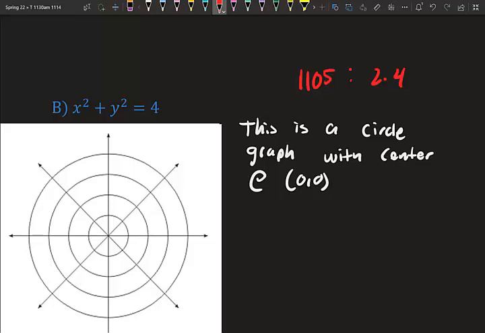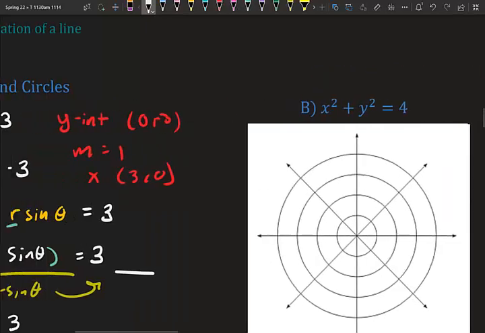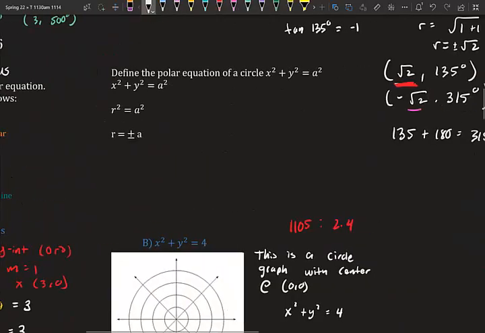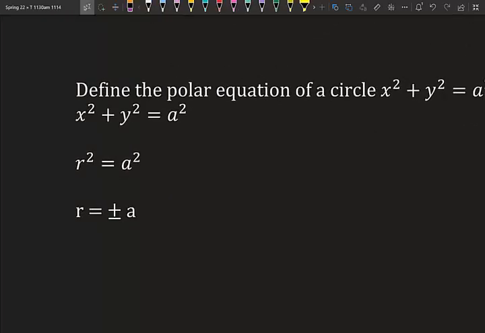So what we're given is x squared plus y squared equals 4. x squared plus y squared just equals a squared, and a squared just equals r squared.